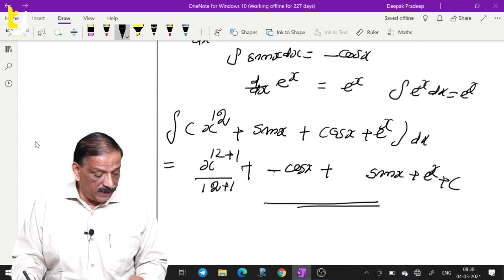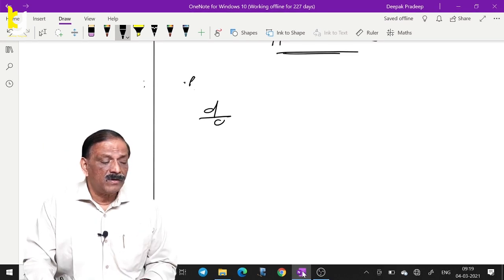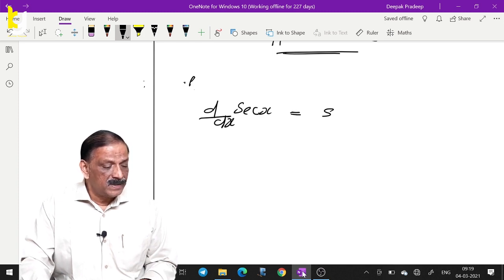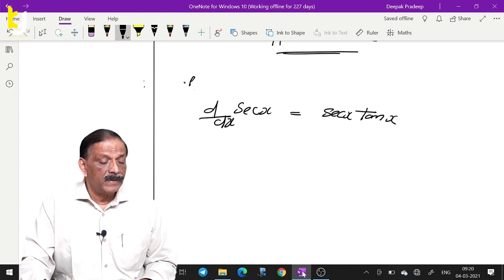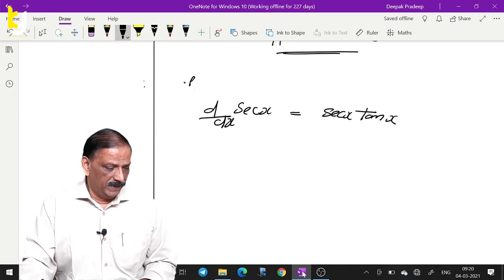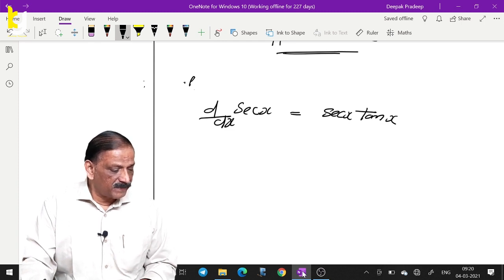So we can integrate d by dx of secant x equal to secant x tan x. That we know, the formula: d by dx of secant x equal to secant x tan x.